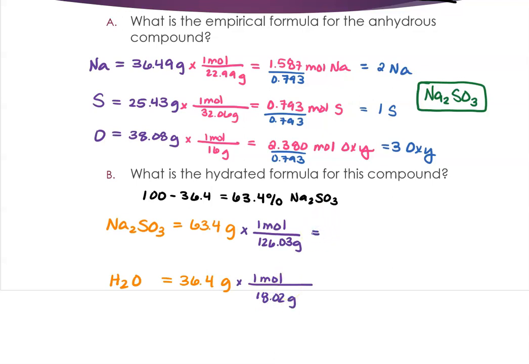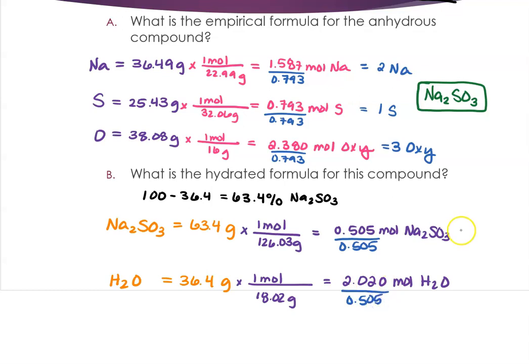Okay, so when we do this math, I get 0.505 moles of Na2SO3, and I get 2.020 moles H2O. All right, now I divide by small, so I do 0.505 and 0.505.